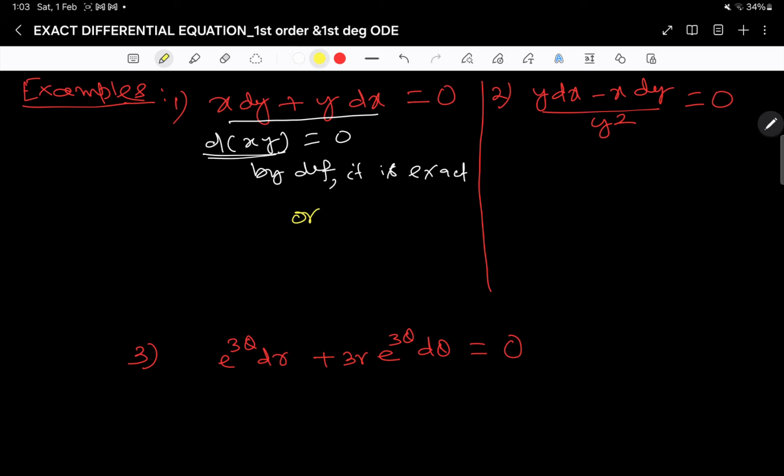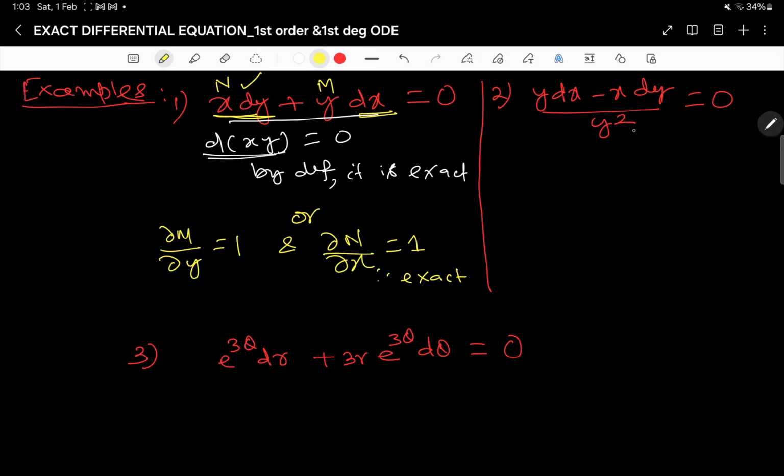If we think of the condition, this is my M and this is my N, so del M by del y is 1 and del N by del x is also 1, therefore exact.